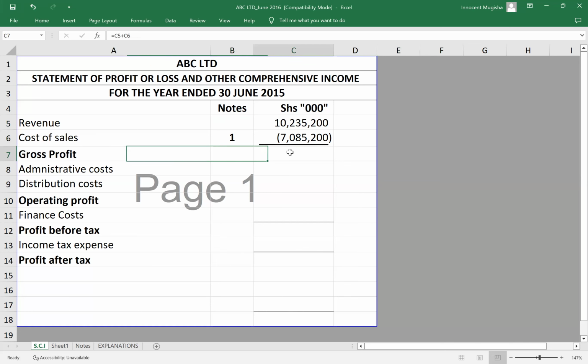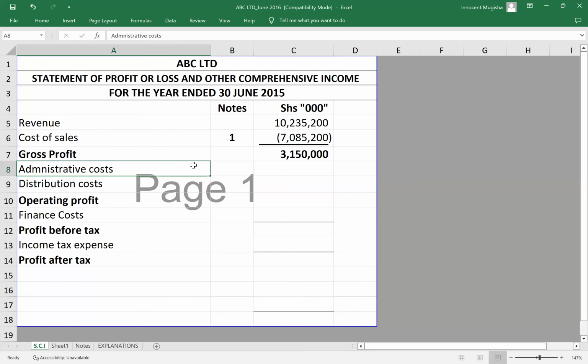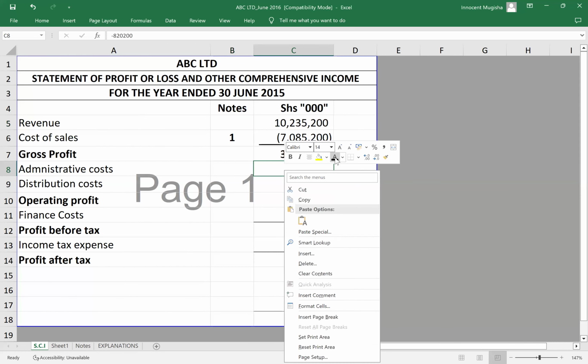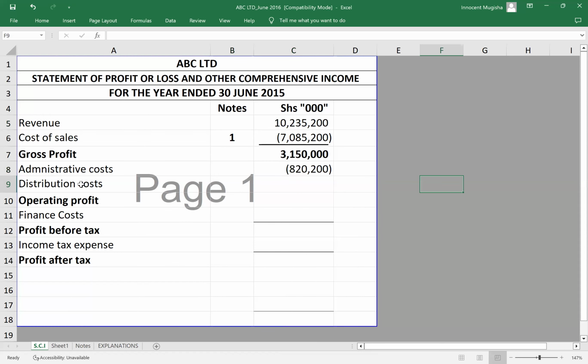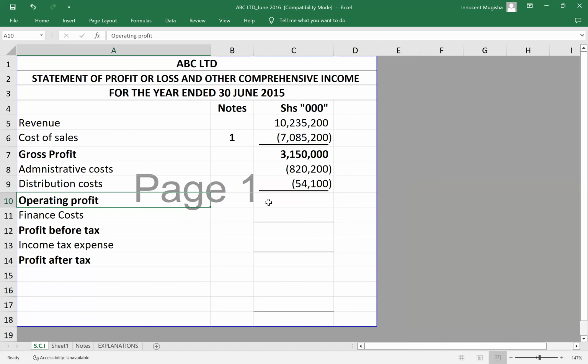So that brings me to gross profit of 3,150. And then I have my administrative costs given in the trial balance as 820,200. The distribution costs are given as 54,100, bringing me to an operating profit.